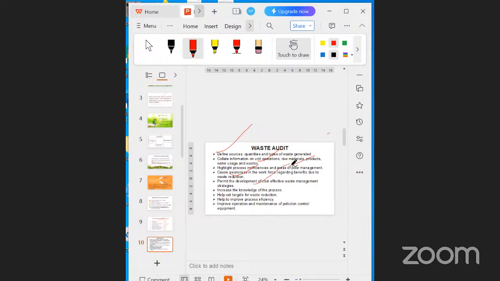And permit the development of cost-effective waste management strategies, increase the knowledge of process, help set targets for waste reduction, help improve process efficiency, and improve operation and maintenance of pollution control equipment. So this is the waste audit.